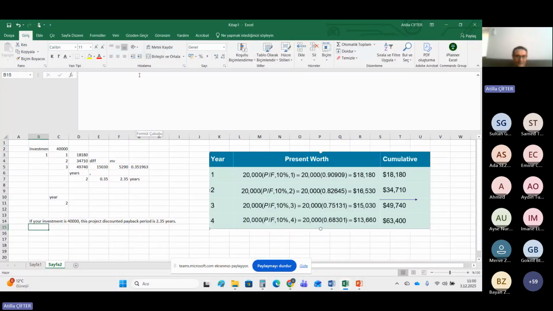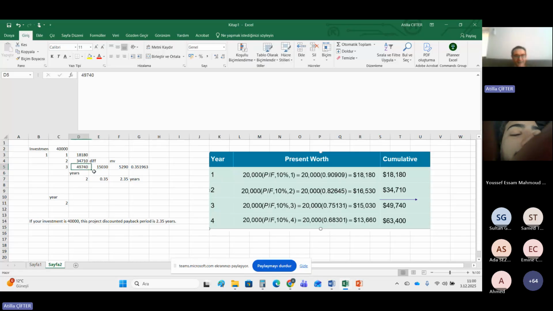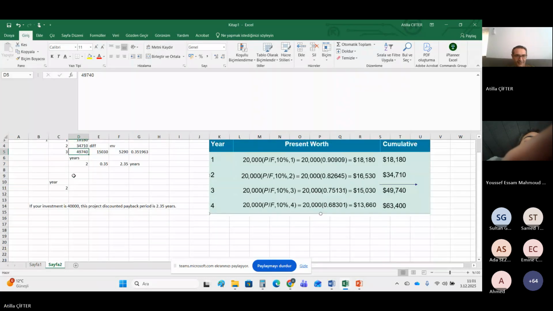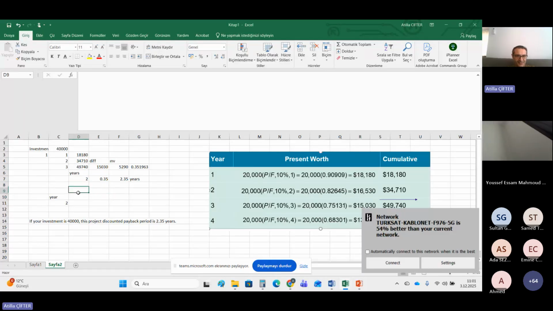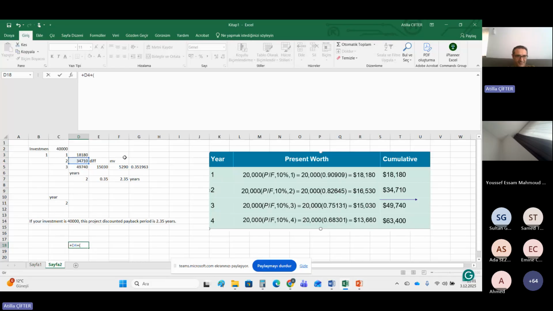So what we do, if you don't care about months and converting, you can directly take the 1 year difference and the required value that covers your investment, divide, and then it is your percentage value. It's like here. Then you have this value plus this value divided by 2.